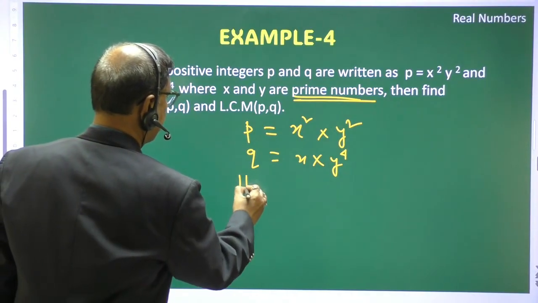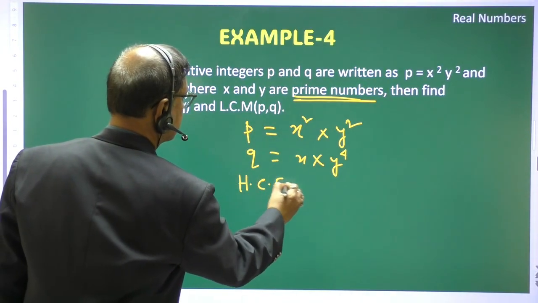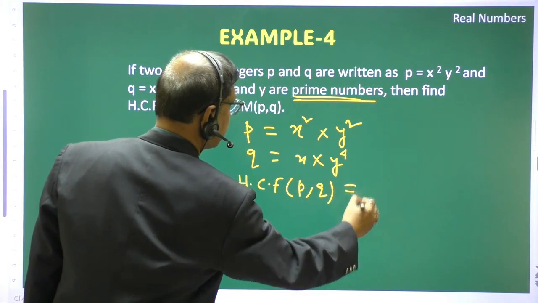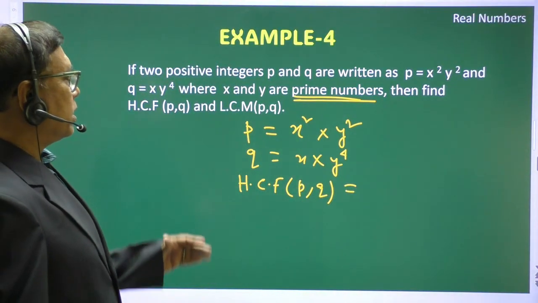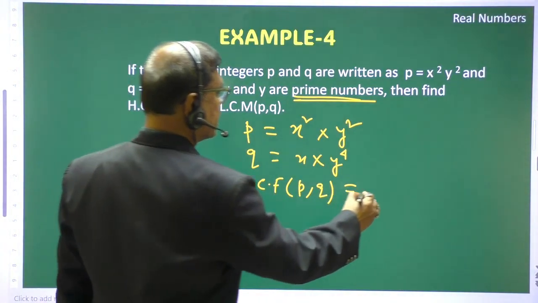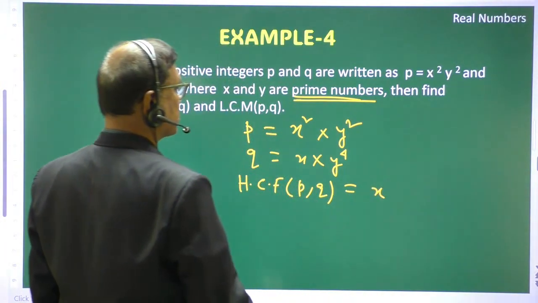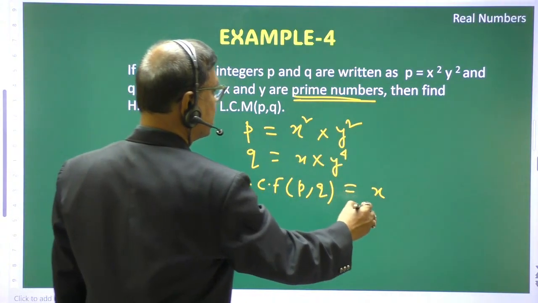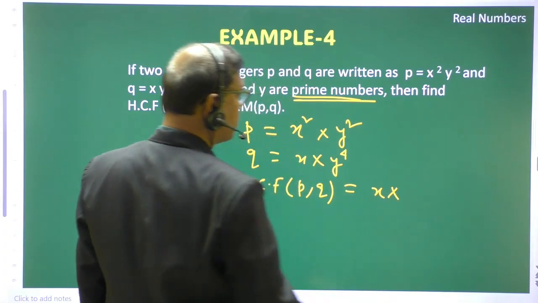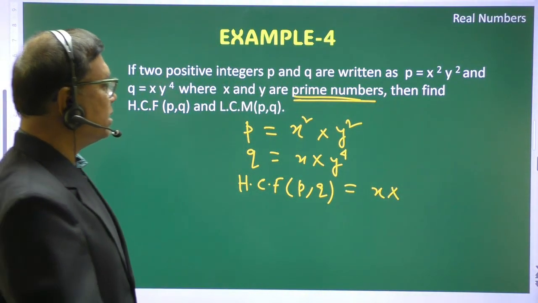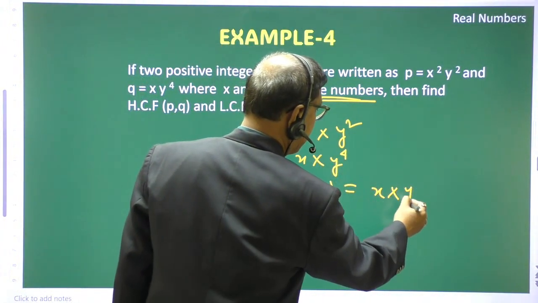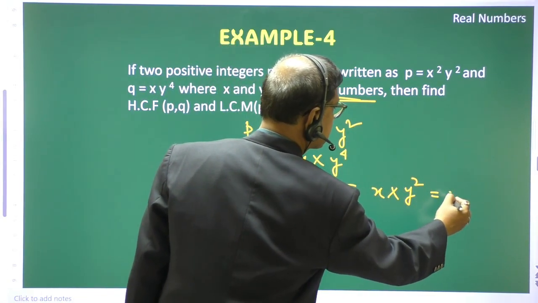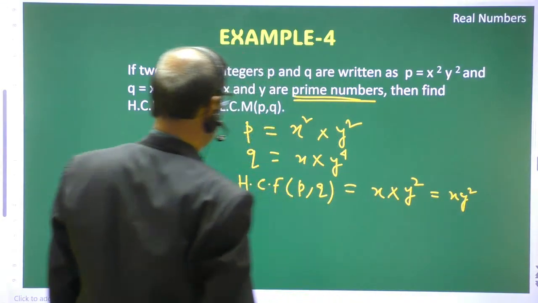So HCF, just now we have learned, the HCF of two numbers p and q will be the common prime factor having least power. So x is the common prime factor having least power 1, and into, because we have to take the product, y is the common factor having least power 2. So x y square is the HCF.